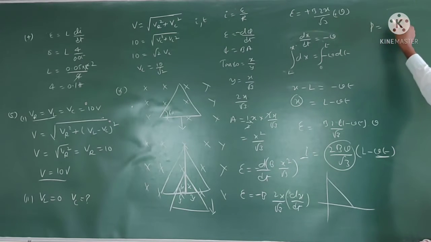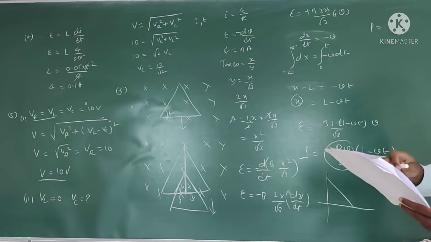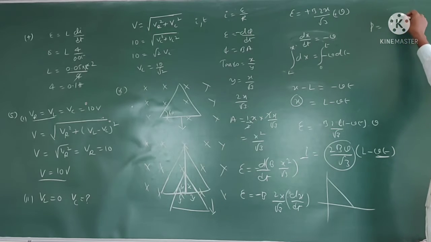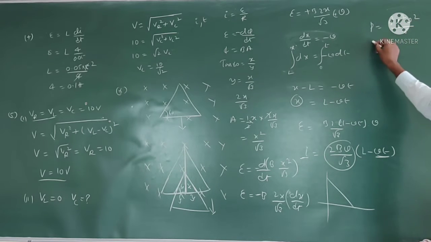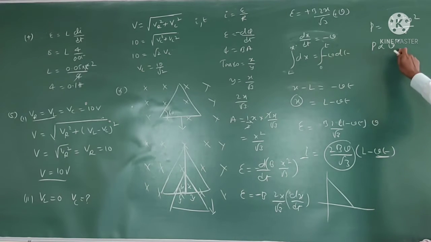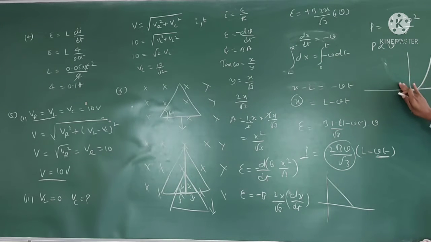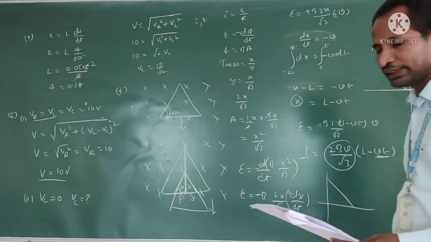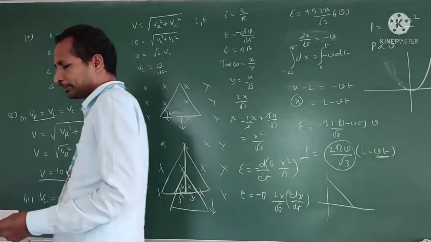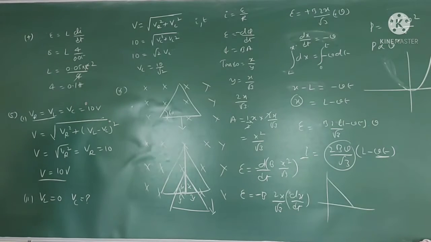Power formula we have: P equals B square L square V square by R. P is directly proportional to V square. It is a parabola, right? Yes or no? It forms like this. They have not given the negative one. So which line shows that, you select. That is the answer. I think it is B. B line shows it.